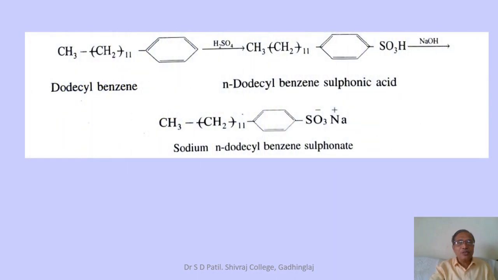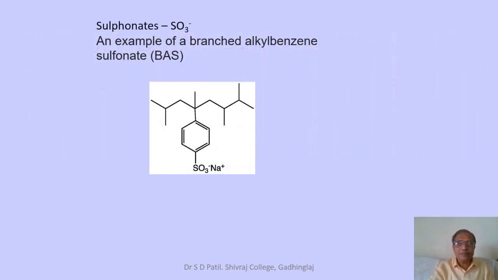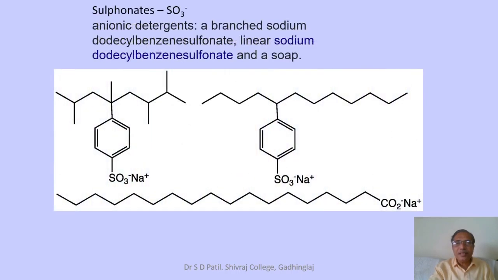This is a general example. Dodecyl benzene is converted into the corresponding sulfonic acid derivative and ultimately into the corresponding sodium salt, which is a detergent. This is an example of a branched sulfonate. Then this slide indicates a soap molecule, a linear detergent and a branched detergent.